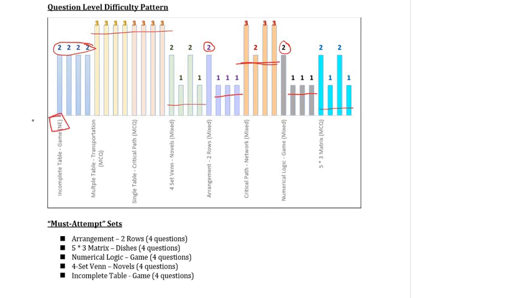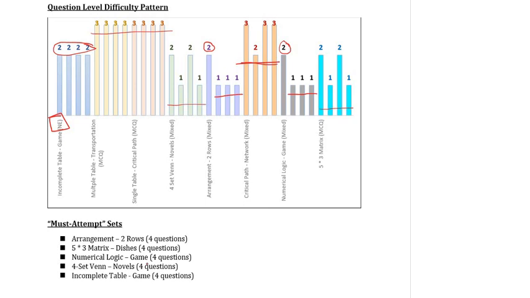That is why it should have been tried. So when you look at these must attempt sets, here the selection is fairly straightforward. Arrangements, 5x3 matrix, the numerical logic on games, the 4 set well, and the incomplete table if possible. So it was fairly straightforward to attempt anywhere close to 20 questions as well in this particular section.